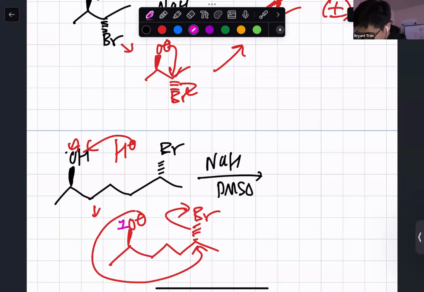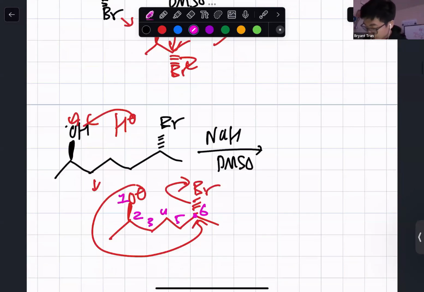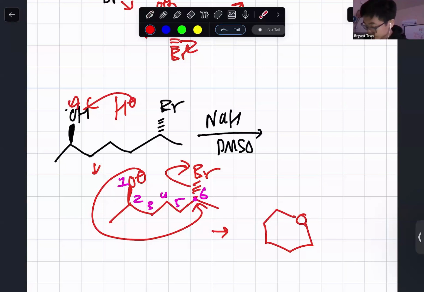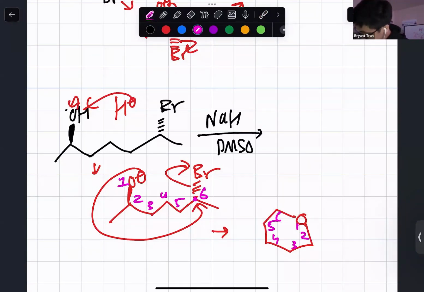I'm gonna number my number 1 atom, that oxygen, number 2, 3, 4, 5, and stop at the electrophilic carbon. I know that I'm gonna make a 6-membered ring, so I'm going to draw that 6-membered ring out like this, where oxygen is the first atom. So that's gonna be 1, 2, 3, 4, 5, 6.